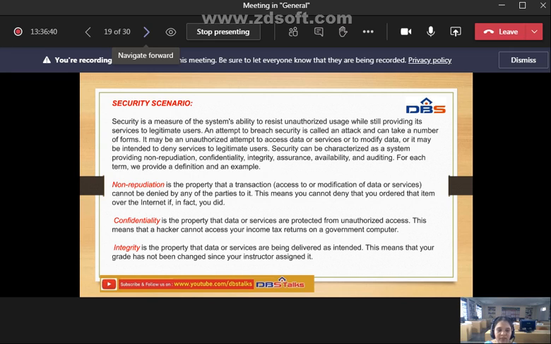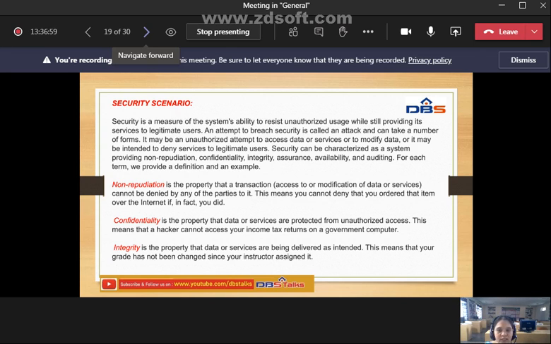It provides non-repudiation, and also confidentiality, integrity, assurance, availability and auditing. Together, these are called security.